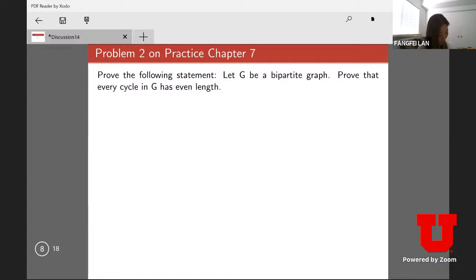So what is a bipartite graph? Let's see, where is it in the book? Oh, it's actually in the book. Okay, the definition of a bipartite graph, on page 536.